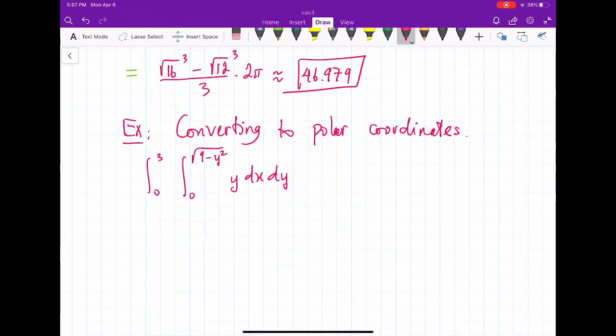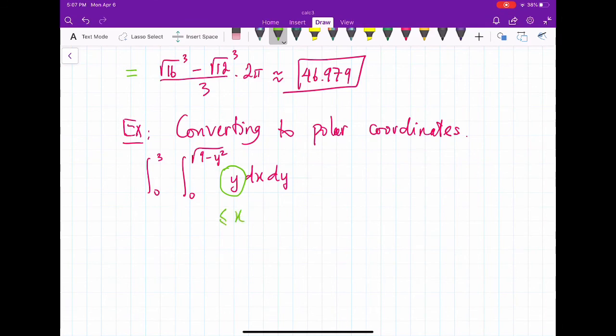To finish this section, I want to show you one more example of how to convert an integral in rectangular to polar coordinates. For example, we have the integral from 0 to 3 and 0 to square root of 9 minus y squared of y dx dy. So the function is just y, right? Now look at the interval of x.